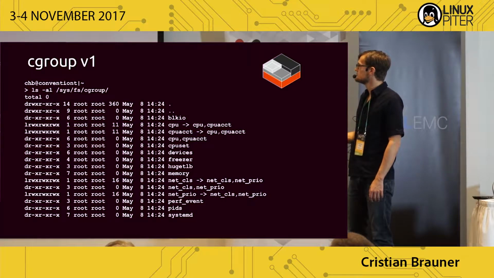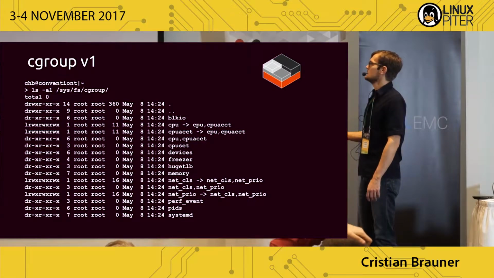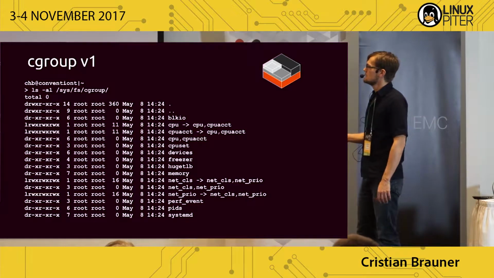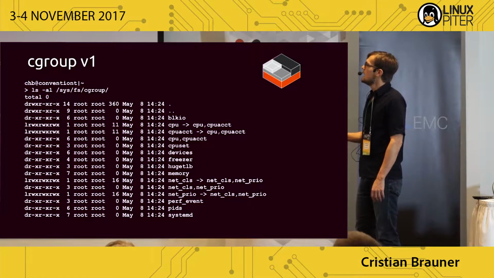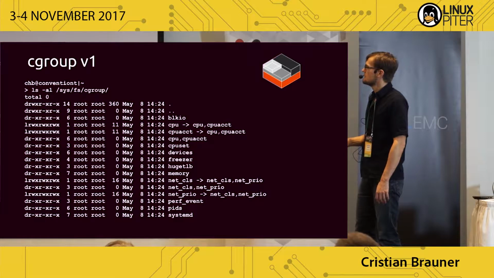What you see right here is the mount layout of a cgroup v1 file system. It's usually mounted under /sys/fs/cgroup. This is the standard mount point. Then you see a bunch of different controller names. One of the interesting parts of cgroup v1 is that each of those controllers you see right here actually forms a separate cgroup hierarchy.